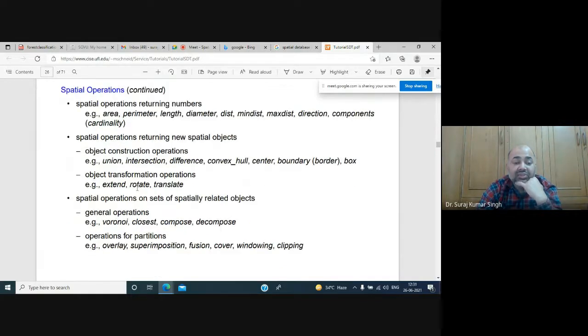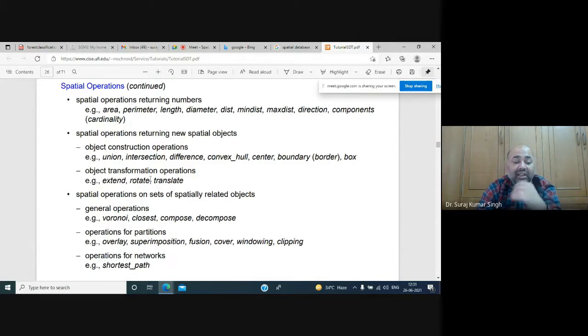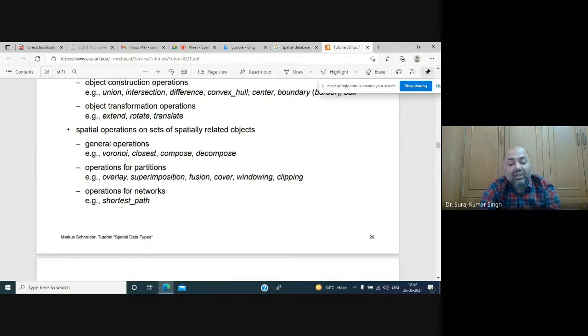Then object transformation operations like extend, rotate, translate. Spatial operations on sets of spatially related objects, like general operations: who is the closest, what is the composed, what is the decomposed. Then operations for partitions, like overlay, superimposition, fusion, cover, windowing, clipping. Operations for networks, like shortest path.